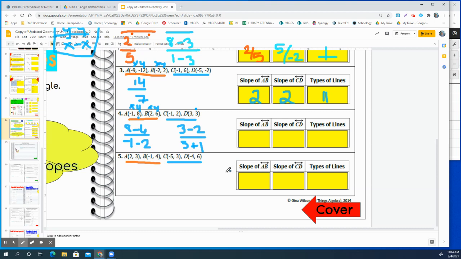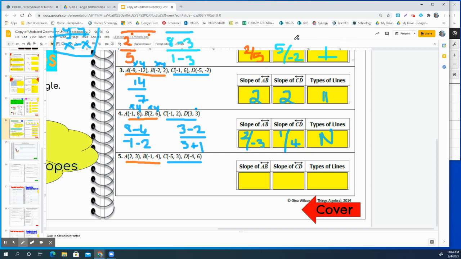So I'm getting a couple of neithers in the chat because 8 minus 6 is 2, and negative 1 minus 2 is negative 3, and then 3 minus 2 is 1, and 3 minus negative 1 is 4. This one 100% is neither.